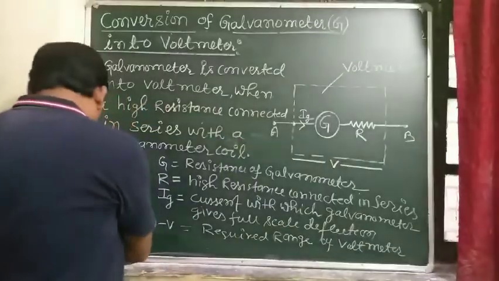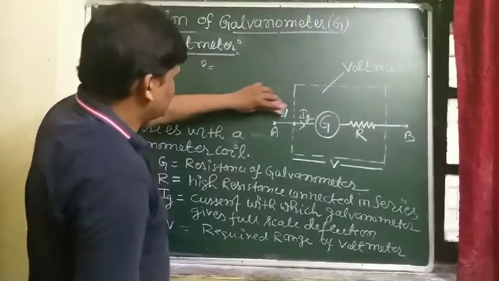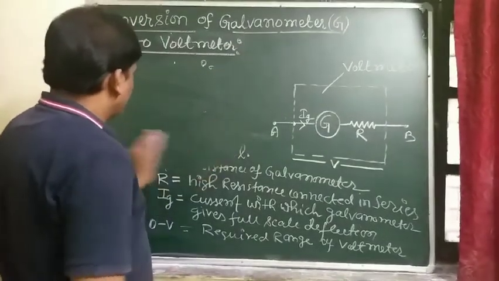Now find the value of the high resistance which is connected in series with the galvanometer.